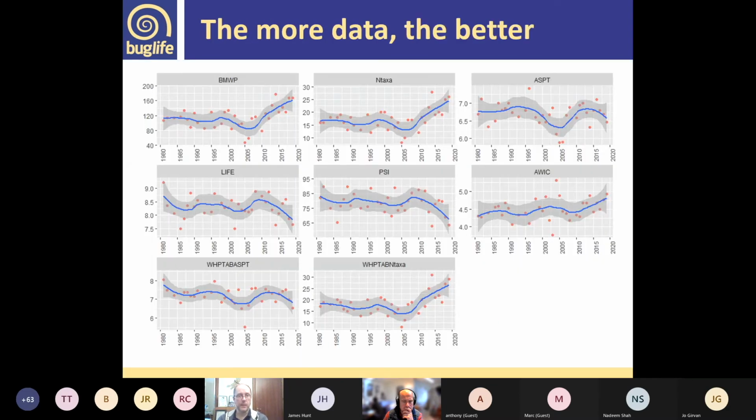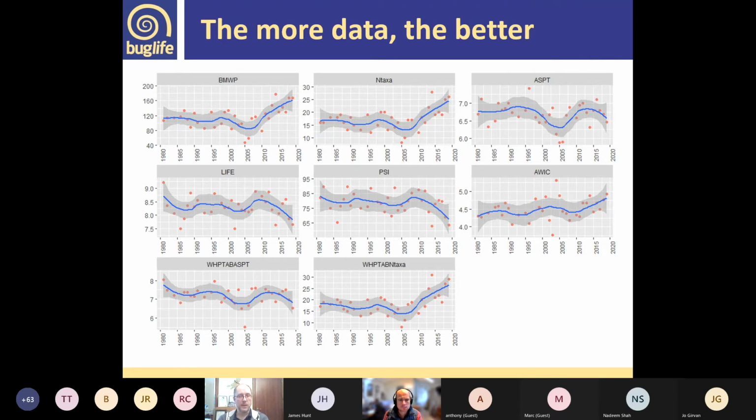These again are from the Spey, and you can start to see trends. You can use these indices on their own on a single site and compare between points on a river, but the power of them is to actually look at trends over time. And you can see various trends on this data.